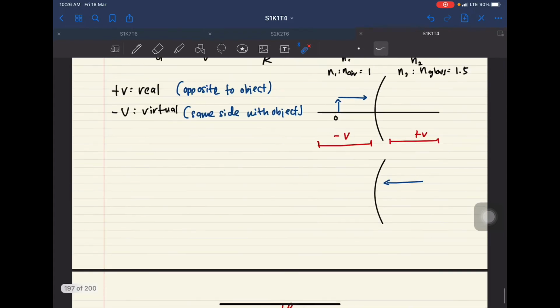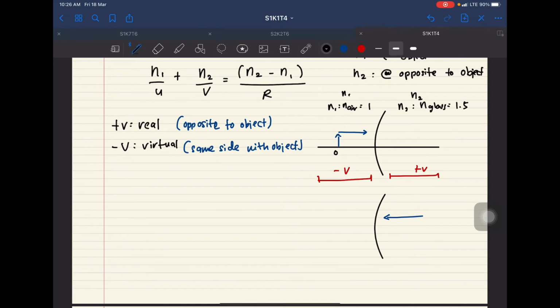Okay, so I just put it back over here. So positive R converge, negative R diverge. Okay, so if you see a surface that will give a converging behavior, then it's a positive R. If negative, it's a diverge.